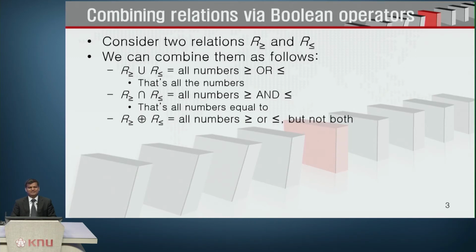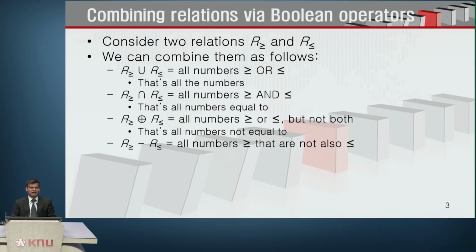And you have the exclusive OR operator: all numbers greater than or equal to or less than or equal to, but not both. That's all numbers not equal to. And again, all numbers greater than or equal to that are not also less than or equal to, using the not operator, that's all numbers strictly greater than.